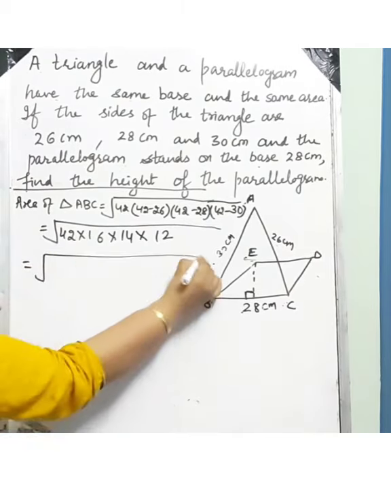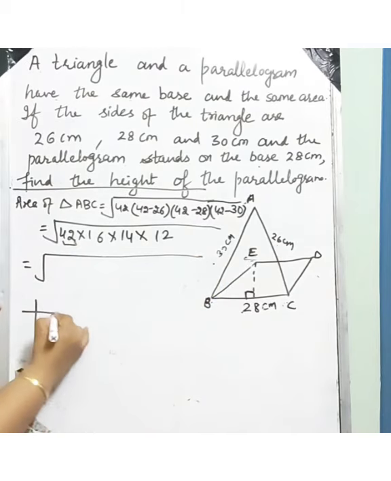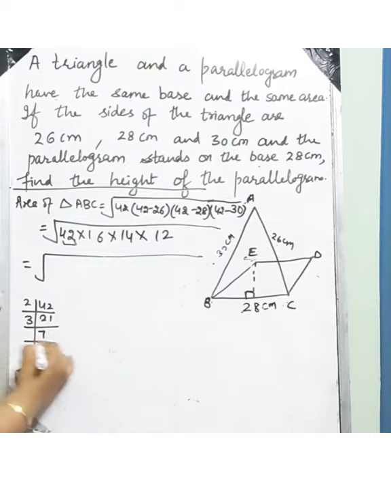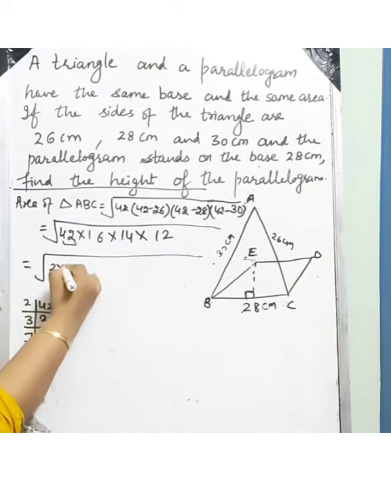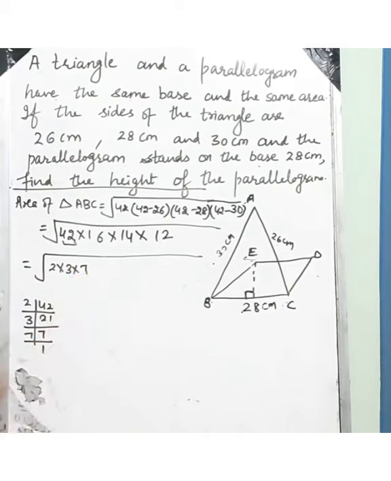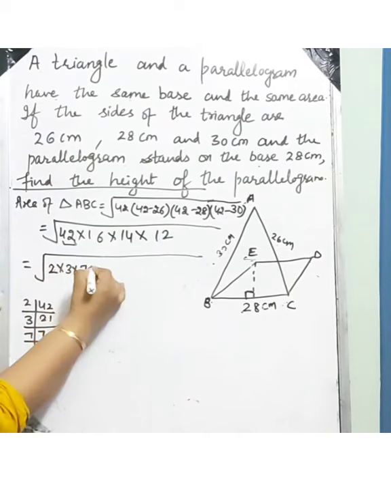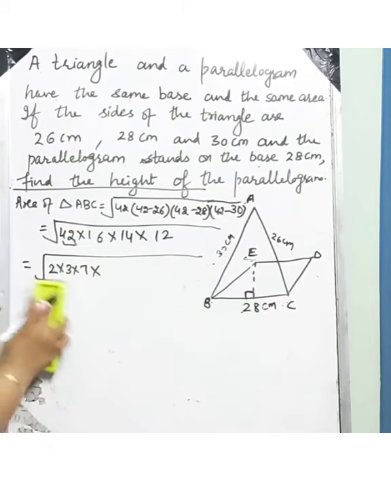Now do the prime factors of each number. Prime factors of 42 are 2 into 3 into 7. Now do the prime factors of 16.